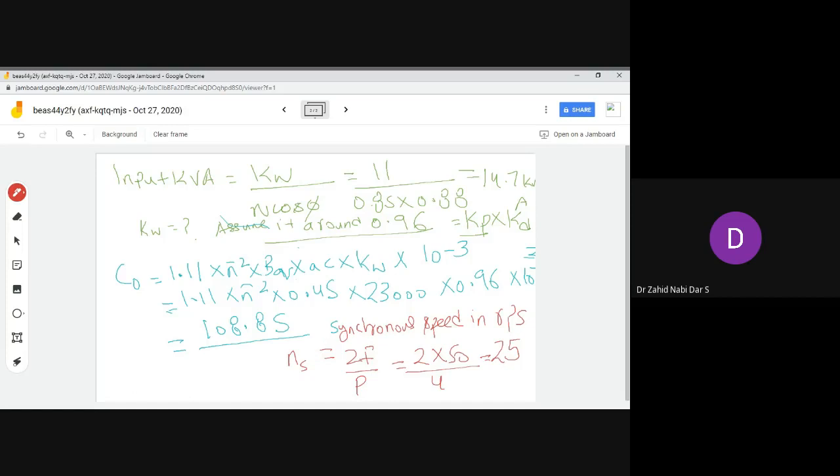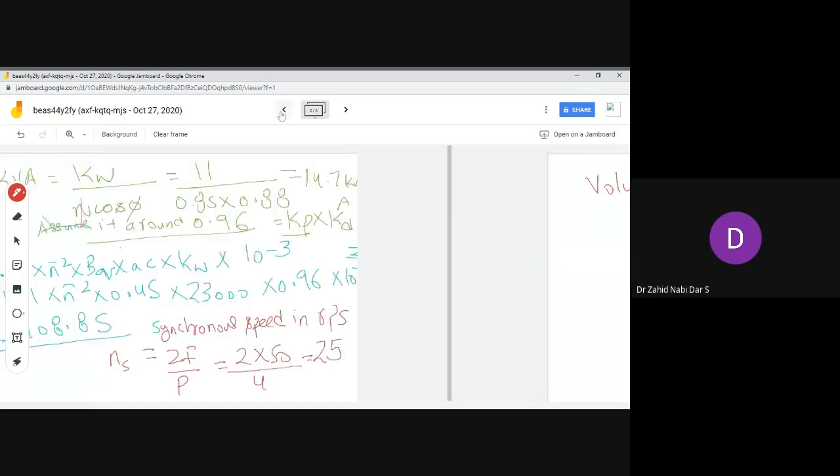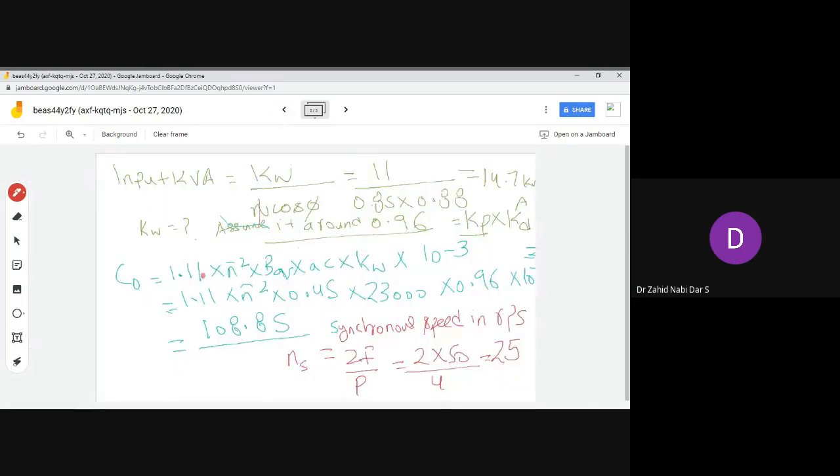Now the volume of the machine, if you need to calculate, is equal to D square L. From the previous formula, C naught is 1.11.